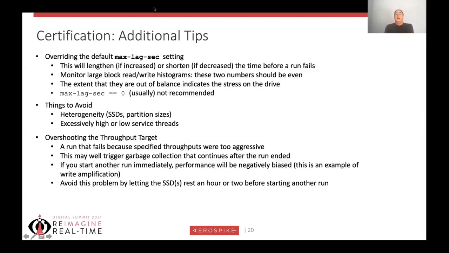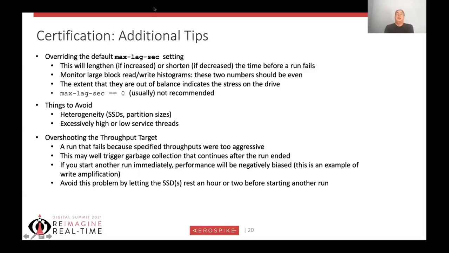The extent to which they're out of balance is actually a good heuristic for assessing the stress on the drive. So this can give you, especially in the early stages where you haven't really converged, a way to see if they're in balance.